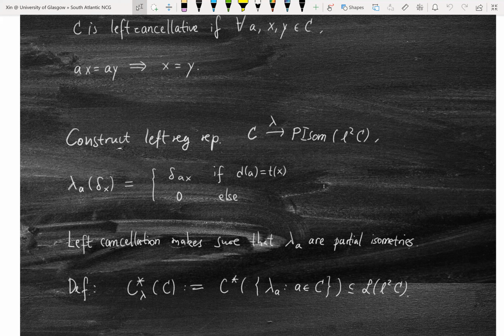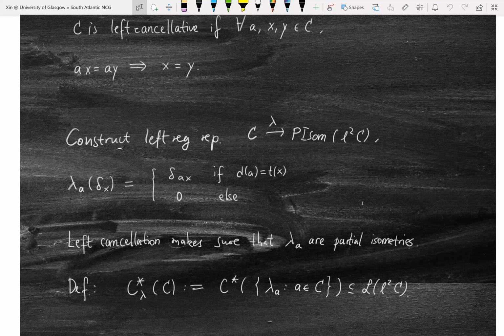If they don't match up, you just define the map to be 0. And then you again check that because of left cancellation, this assignment defined on the basis vectors actually extends to a bounded linear operator.